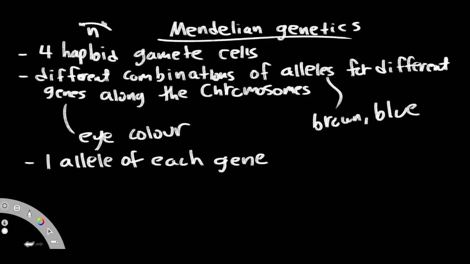But obviously these are haploid, right? So when a sex cell, let's say a sperm cell, meets an egg cell, the other gamete cell, fertilization occurs, and then of course it reestablishes that diploid, right? That 2N.